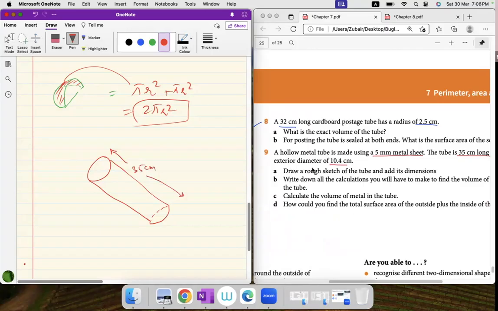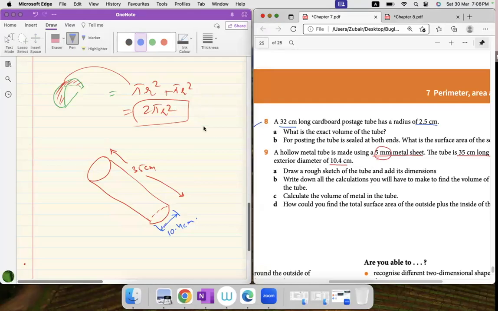And then I know the exterior diameter is 10.4. So I may label this section as 10.4 centimeters, right? And we know that the sheet is 5 mm thick. So what if I draw an interior circle as well?